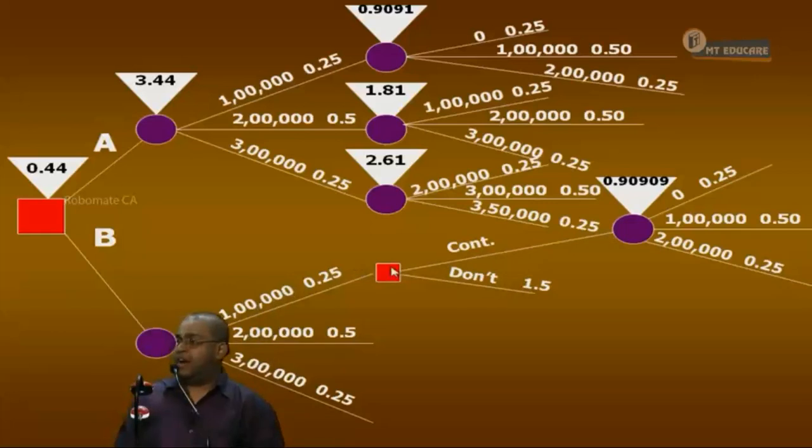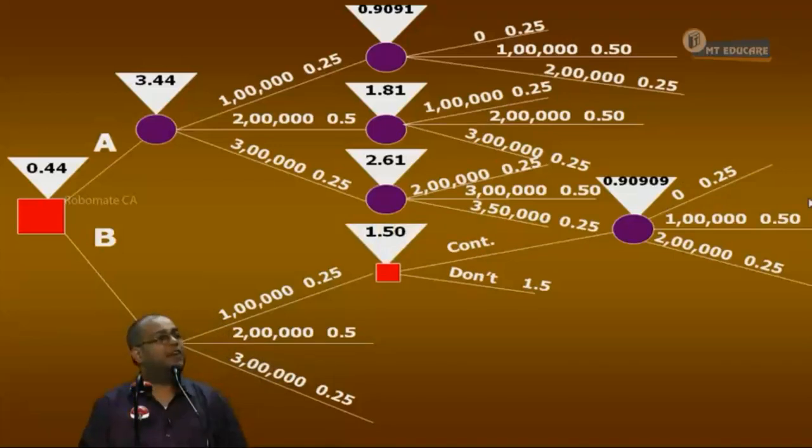If I continue, I expect to get 19,910. If I abandon, I'll be getting 1,50,000. Which is better? Abandon and get 1,50,000. So here I'll not be writing 19,910, I'll be writing 1,50,000.